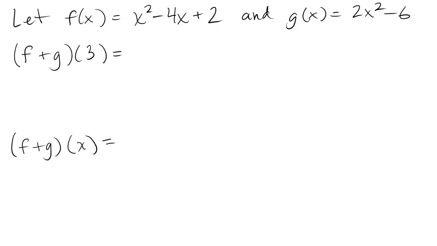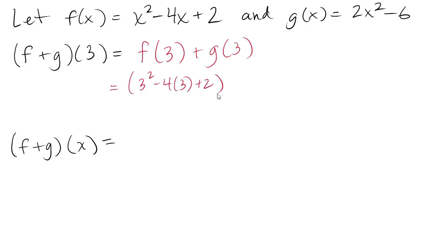So for example, if f of x is x squared minus 4x plus 2 and g of x is 2x squared minus 6, then f plus g of 3 just means f of 3 plus g of 3. F of 3 is found by plugging 3 into the function f, so that would be 3 squared minus 4 times 3 plus 2. G of 3 would be found by plugging 3 into g, that's 2 times 3 squared minus 6.